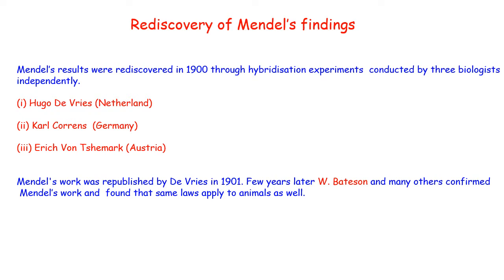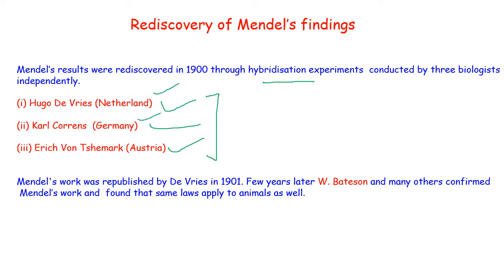In 1900, Hugo de Vries of Netherlands, Carl Correns of Germany, and Erich von Tschermak of Austria independently carried out hybridization experiments, and what they found was what Mendel had already reported in the journal which had very limited readership, which we saw in the earlier slide. So they rediscovered Mendel's laws.